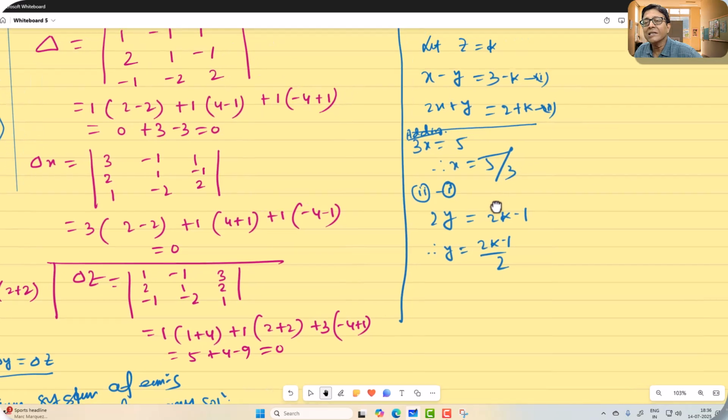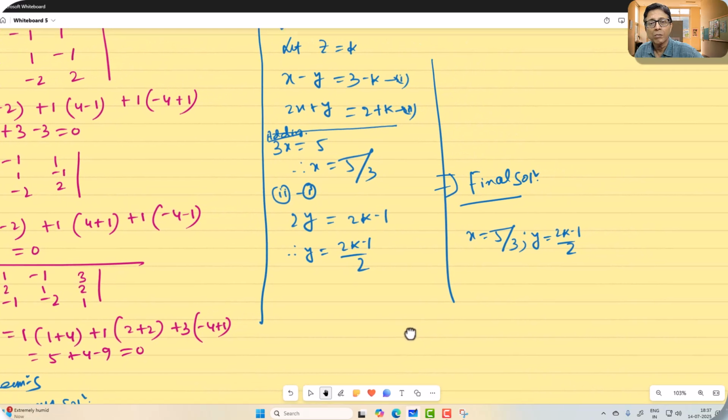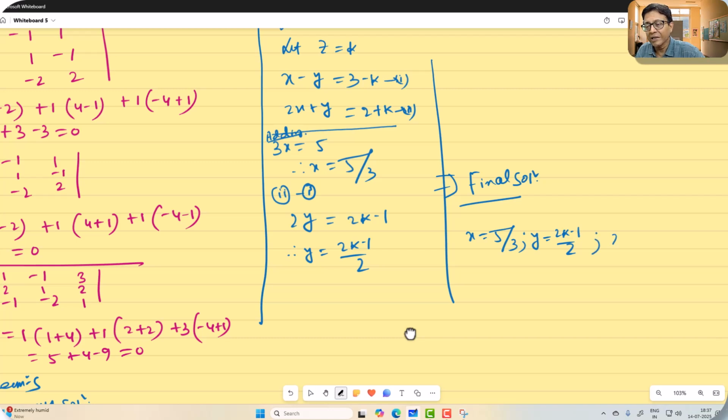And k is any real number. So the final solution is going to be x is 5 by 3, y is 2k minus 1 by 2, and z equal to k, where k belongs to R.